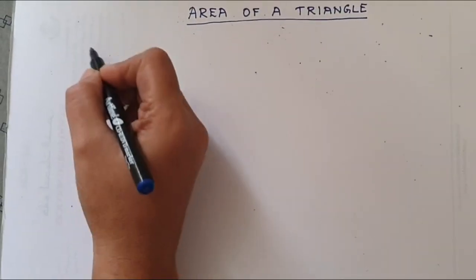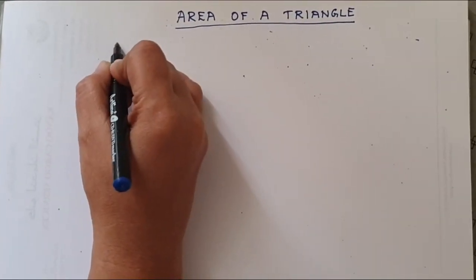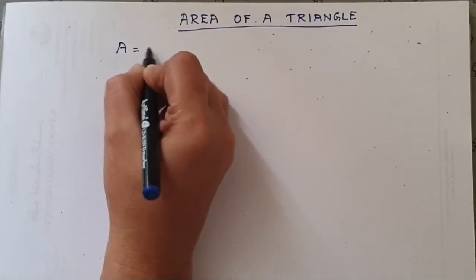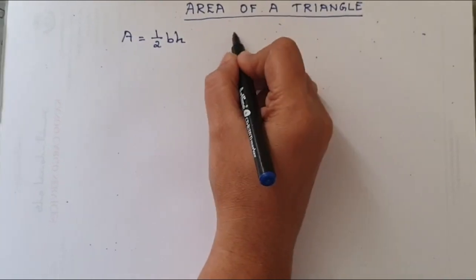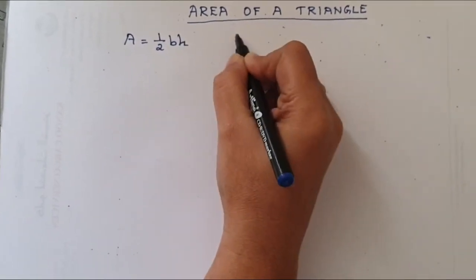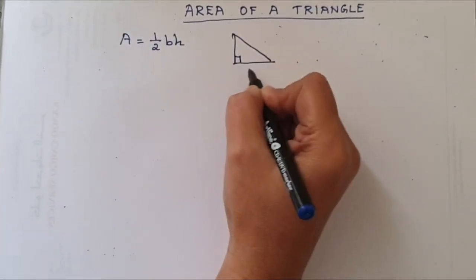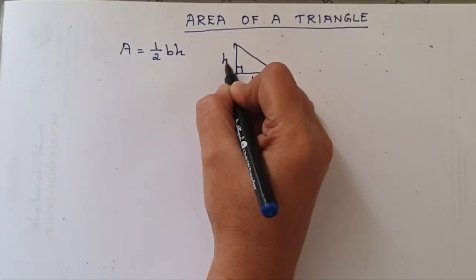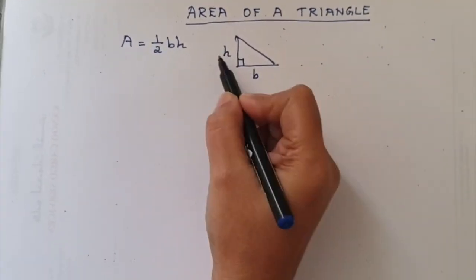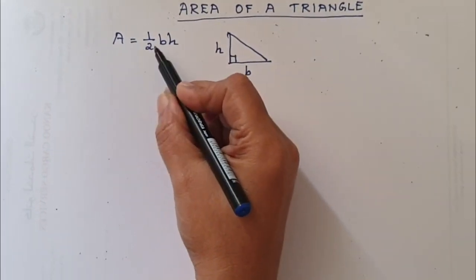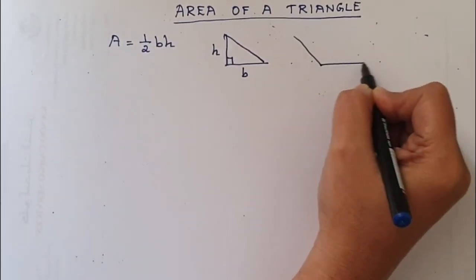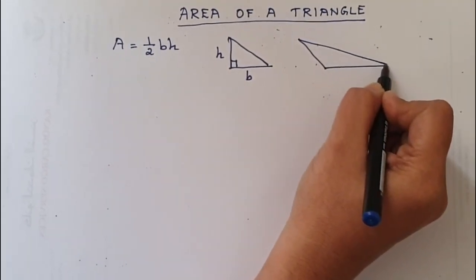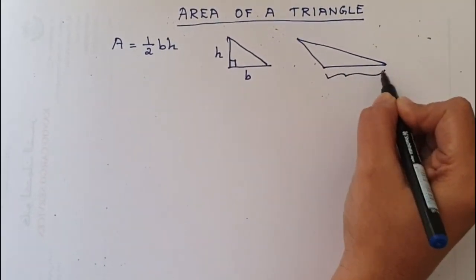Area of a triangle. For any triangle, we know that area equals half base times height. That is, when we have a right angle triangle, this is the base and this is the height. So half times base times height will give us the area of the triangle. Now suppose it is an obtuse angle triangle, then we know that this is our base.